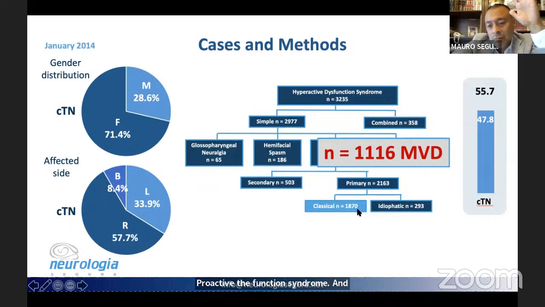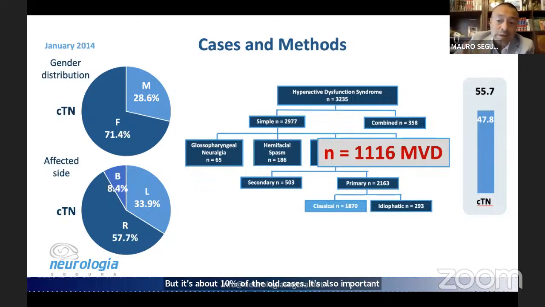We also have to pay attention to this classification: the classical type, the most frequent as we all know, and the idiopathic type, at other times called the atypical type, which is about 10% of all cases. It's also important to recognize that in most cases it is the same pathophysiology, the same cause, the same etiology.